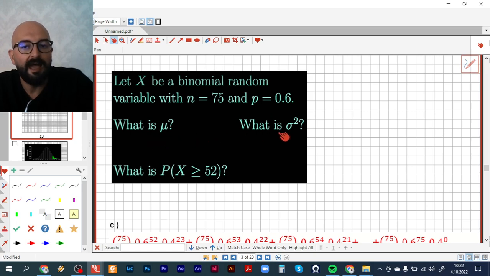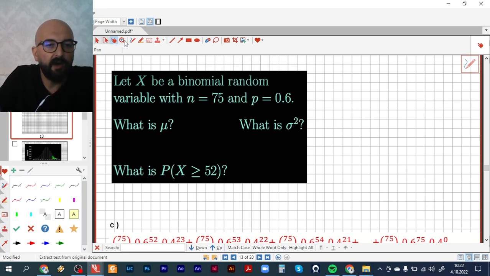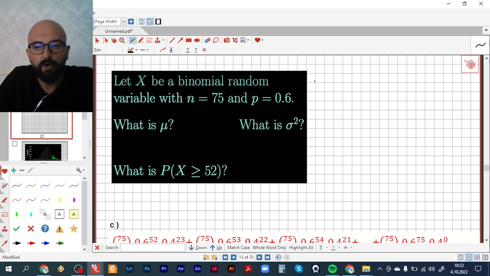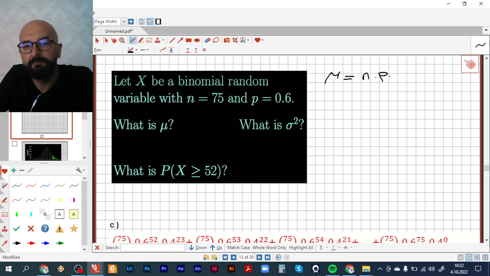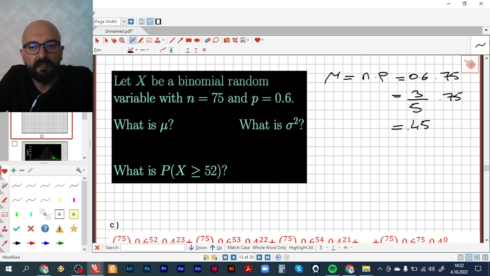What is mu, and what is the variance? First, mu, the mean, is n multiplied by p, so 0.6 multiplied by 75, or 3 over 5 multiplied by 75, which is 45. And 45 is our mu value.